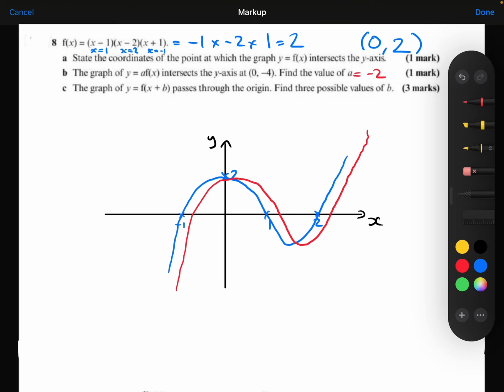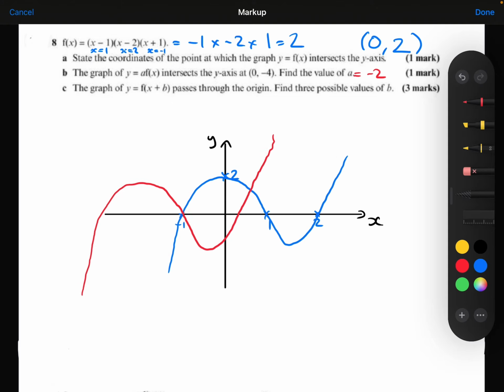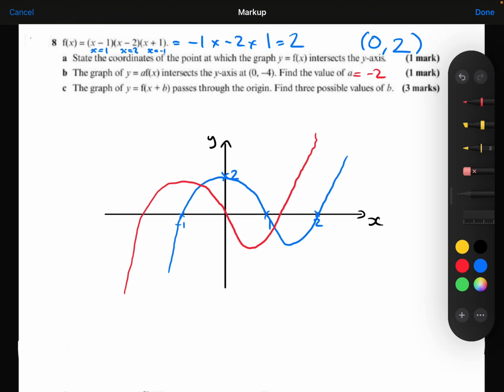Right, so if for example I made b 5, like I said before, it would now go 1, 2, 3, 4, 5 over there somewhere. So how could this end up going through the origin? Well, it could move 1 square to be there.